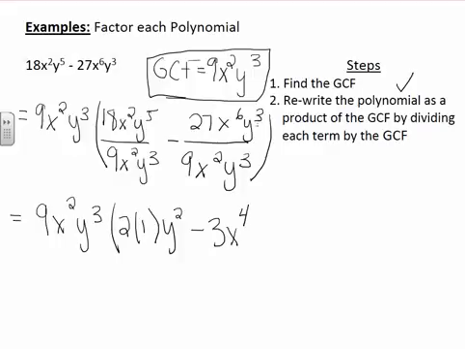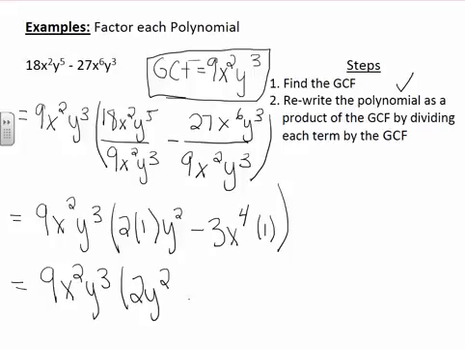And y to the 3 divided by y to the 3 is y to the 3 minus 3, which is going to be 1. Our final step is just simplifying: 9x squared y cubed times 2y squared minus 3x to the 4. And again, that is our factored form of this polynomial.